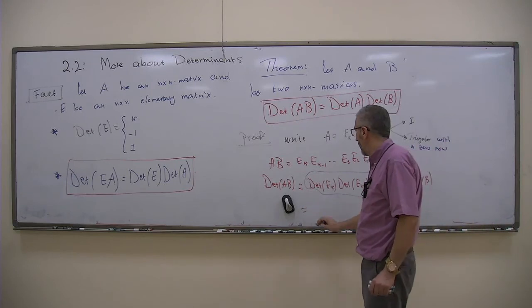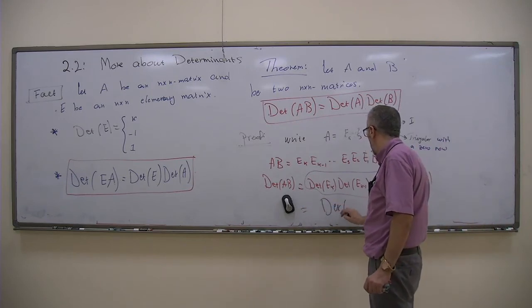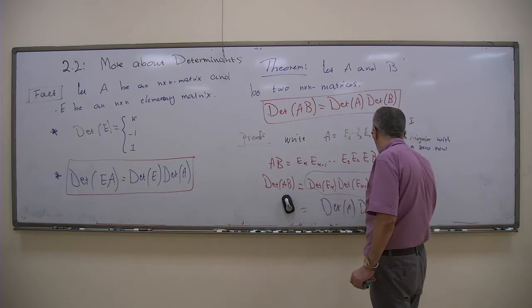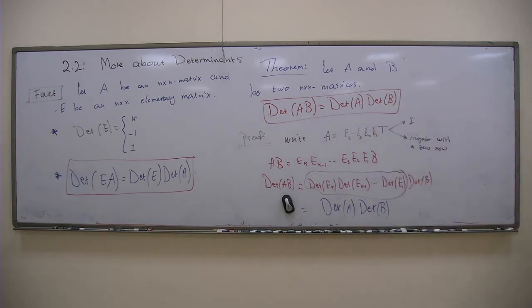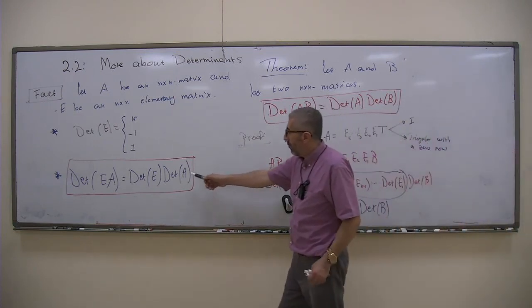This is the determinant of A multiplied by the determinant of B. So that's very easy to prove using this fact.